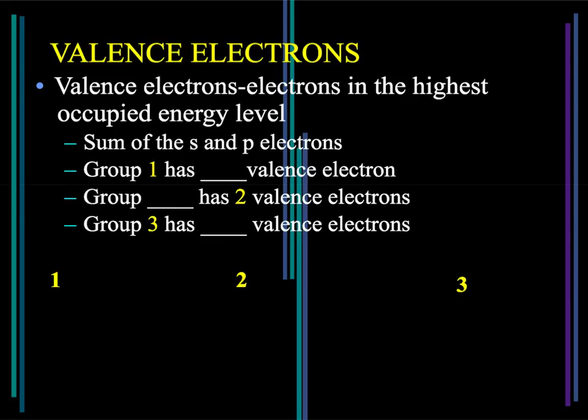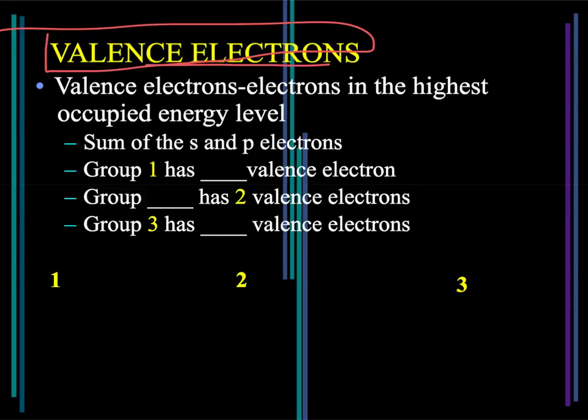So let's continue. The first thing we need to look at when we're talking about anything to do with ions is the valence electrons. Valence electrons, as we've talked about before, are the electrons in the highest occupied energy level. If I draw a little atom here, this could be anything.